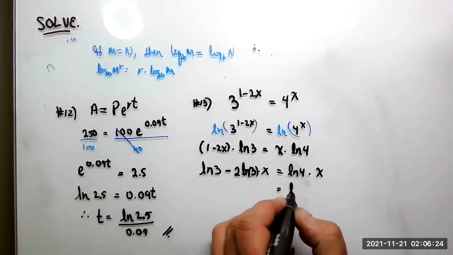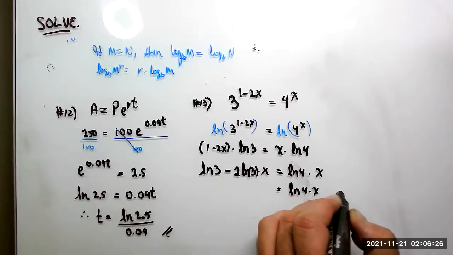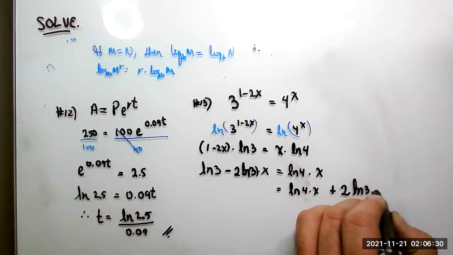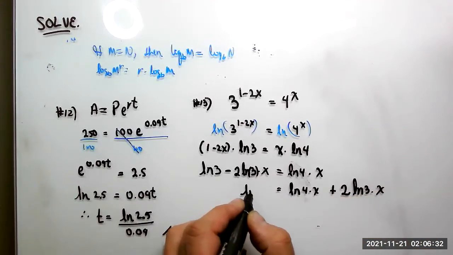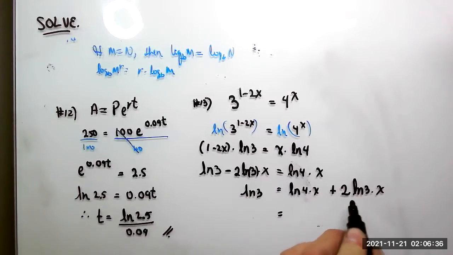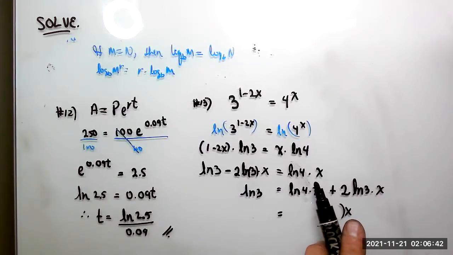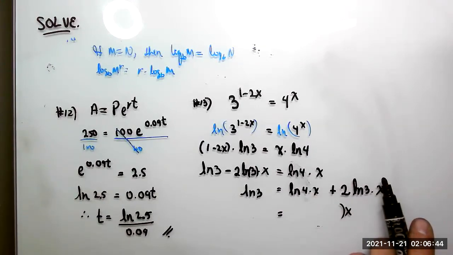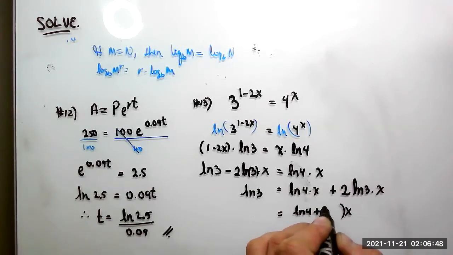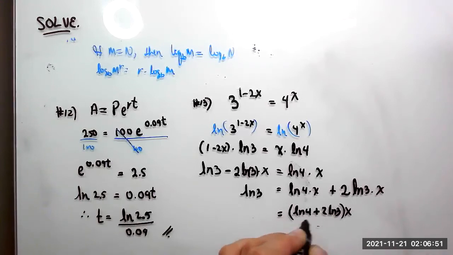So I have ln of 4 times x plus 2 ln of 3 times x equals ln of 3. Notice that we can factor the x. It will be ln of 4 plus 2 ln of 3, times x equals ln of 3.